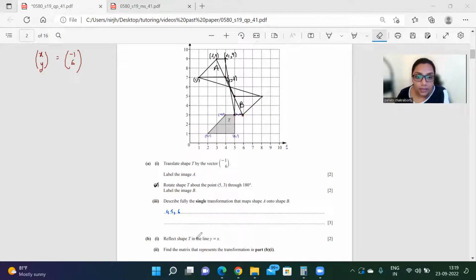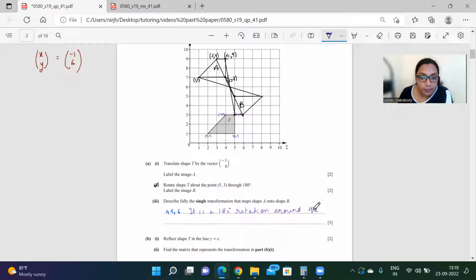And you can just write down over here, how do you describe fully the rotation? You will write that it is a 180-degree rotation around the point 4.5, 6.